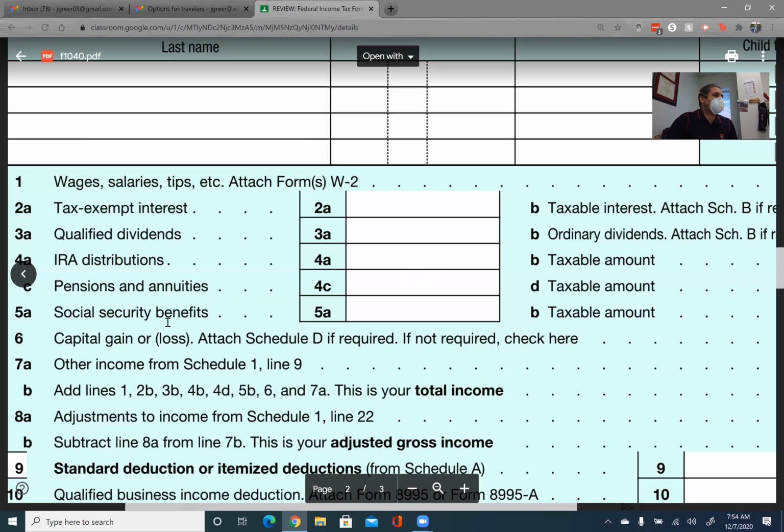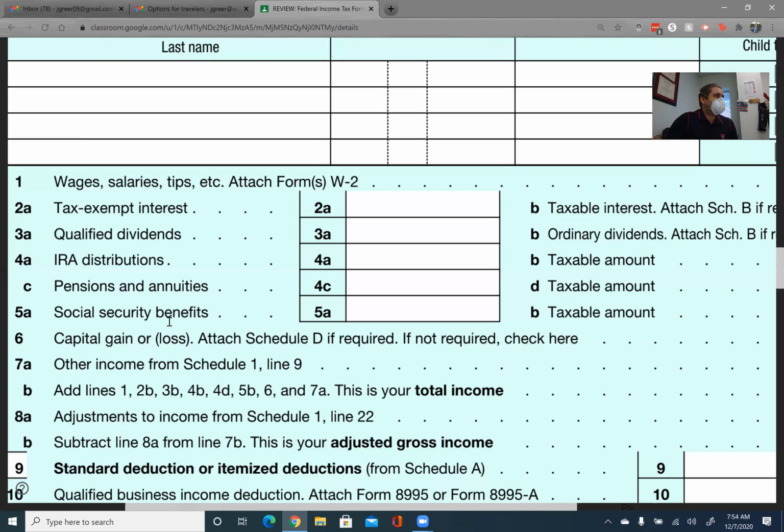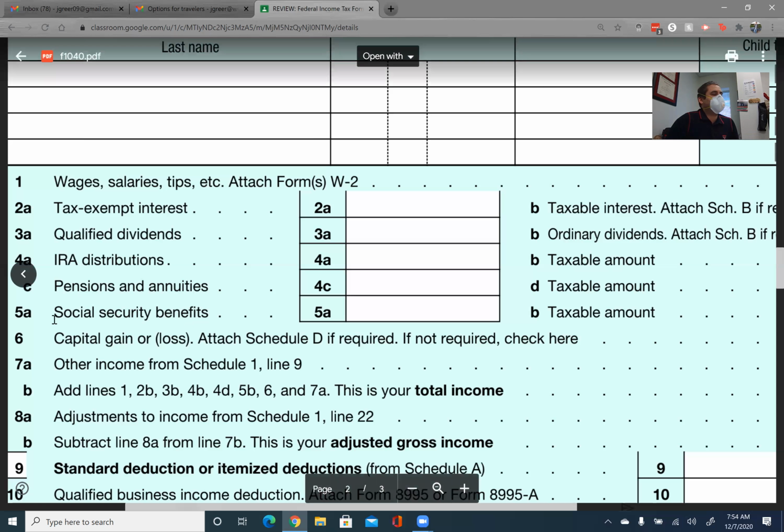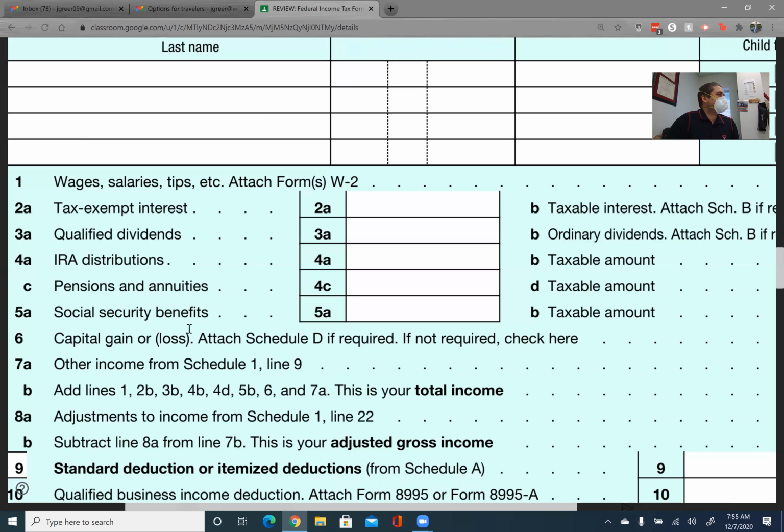Social Security benefits, are we worried about that? From what I've told you all about who our sample people are going to be. Are they going to be receiving any Social Security benefits? For older people, yes.